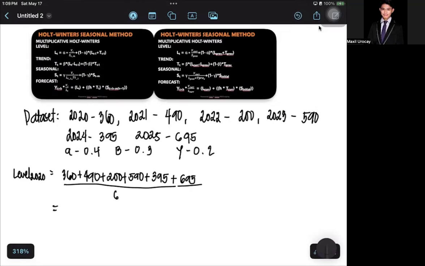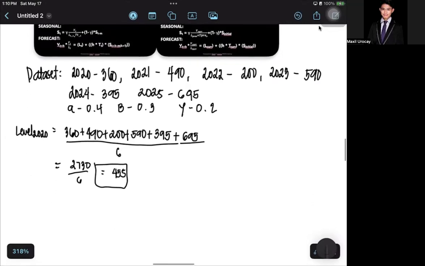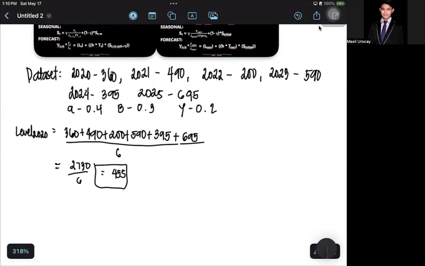That sum is 2,730, and divided by 6, that equates to 455. So the level of 2020 is 455.